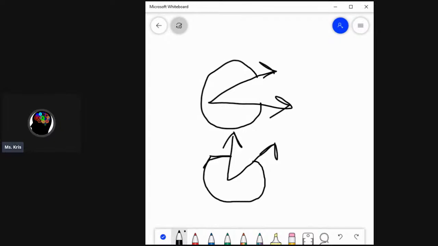And of course, the arc is necessary for this degree measurement because it indicates and lets us know that it is greater than 180 degrees.